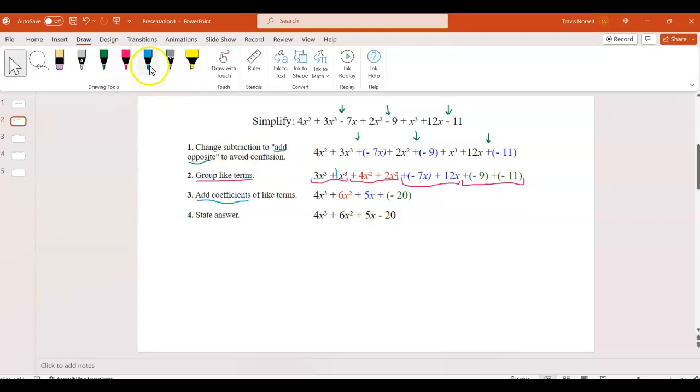Now, why does that work? If we think about it on a vertical number line, and we let 0 be a water level, think of -7 as 7 feet below the water level.